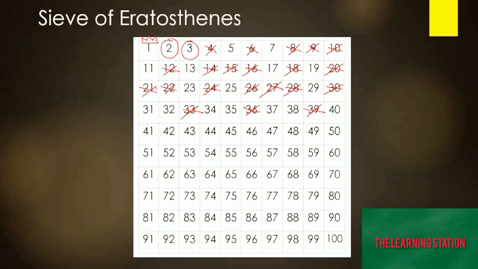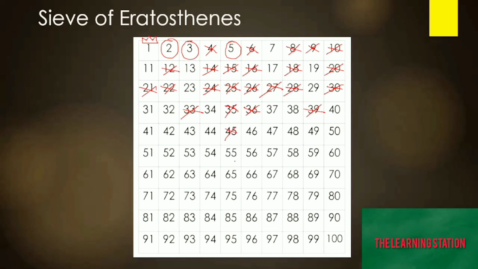Come to number 5. 5 only comes in the table of 1 and 5, so circle it and start cancelling all the numbers which come in the table of 5. Now this is very interesting, children. In the table of 5, all the numbers would be 5, 10, 15, 20, 25, 30, 35, 40. We already know that, right? So you would get all of them in a row.